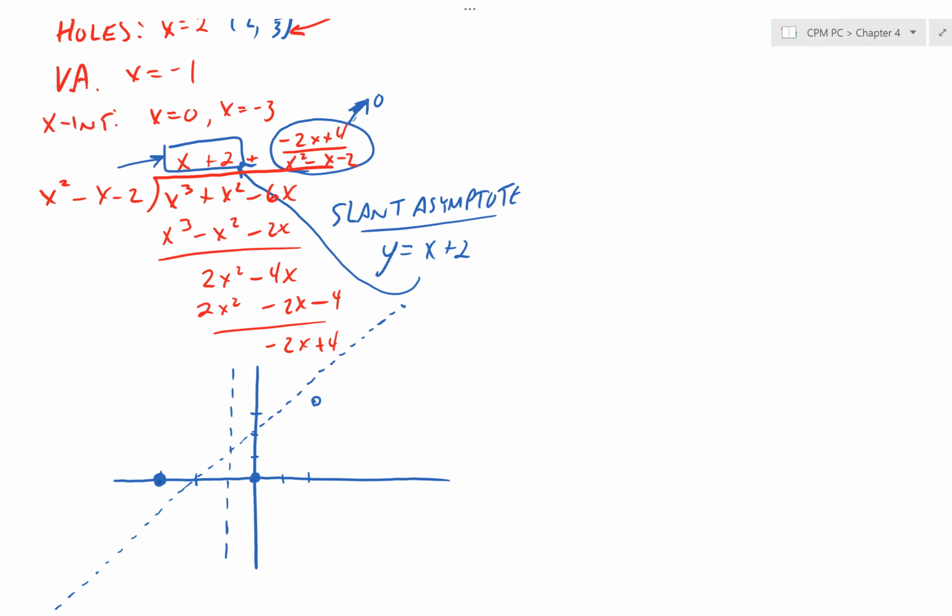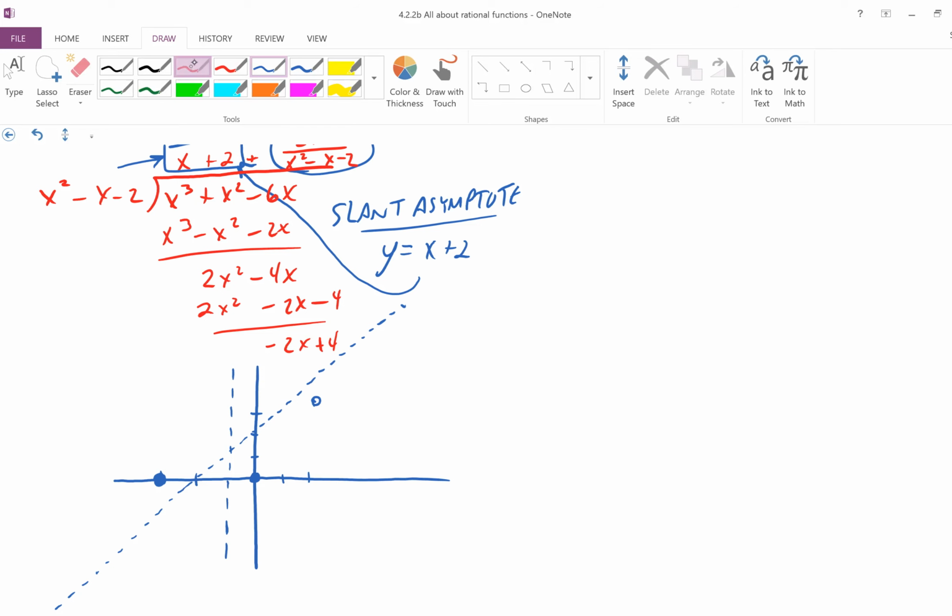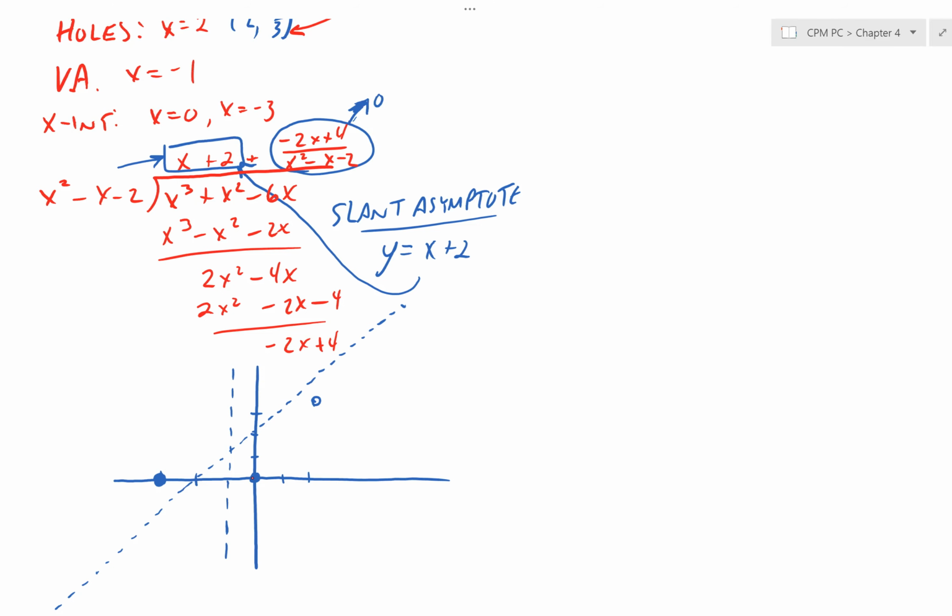All right, so now we have enough detail to be able to sketch this graph, because in order to go through this point at (0, 0) and hit the hole up here, it's going to have to approach the slant asymptote like that, and then going the other direction, it's going to have to approach the vertical asymptote.